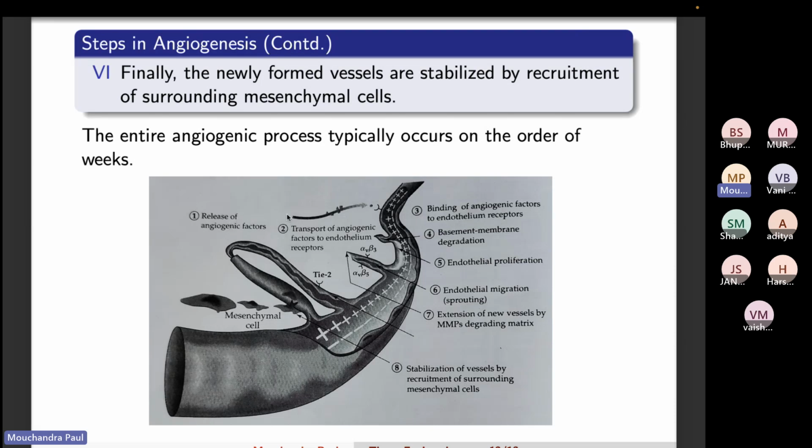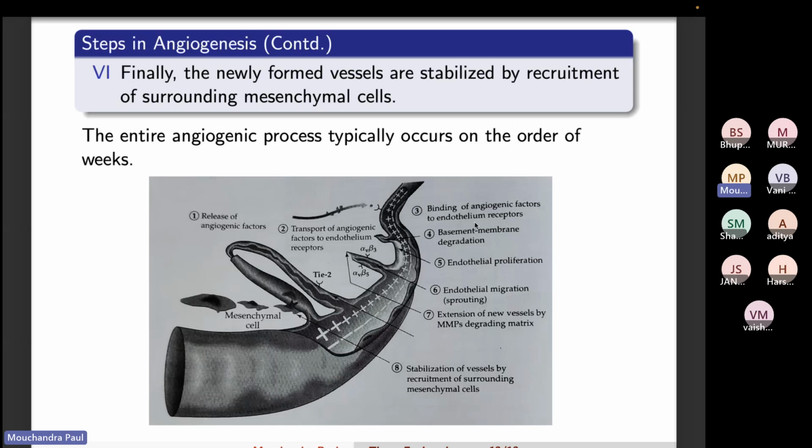Then these factors get transported to a nearby blood vessel. Say this is the blood vessel that is nearby. Now this angiogenic factor has successfully bound to a cell membrane receptor of the endothelial cell.